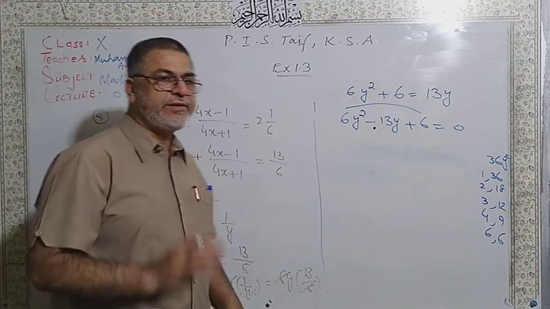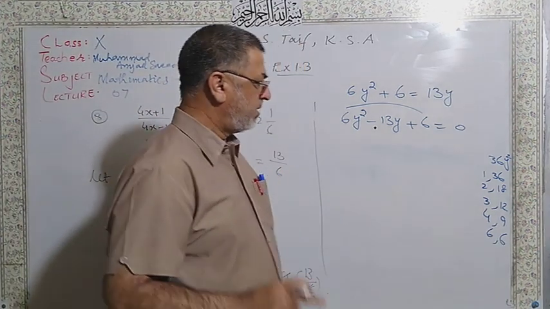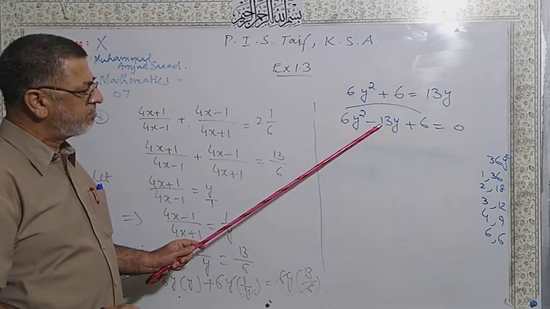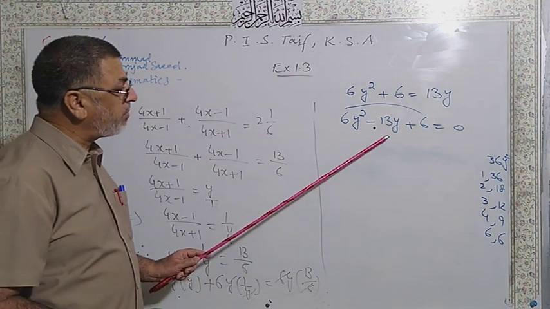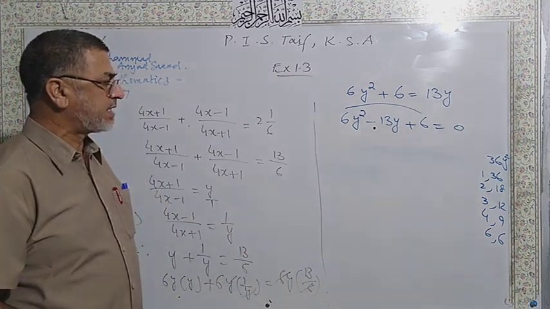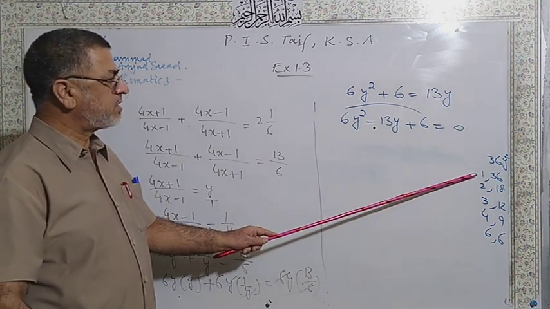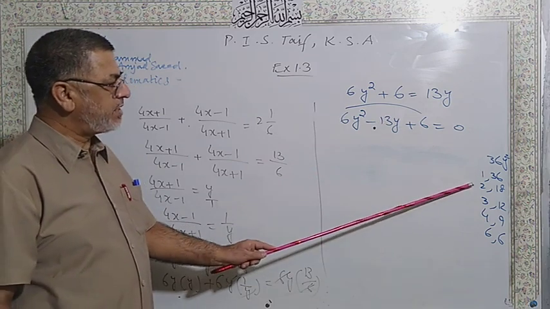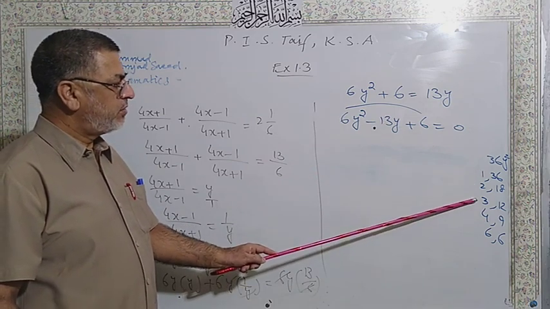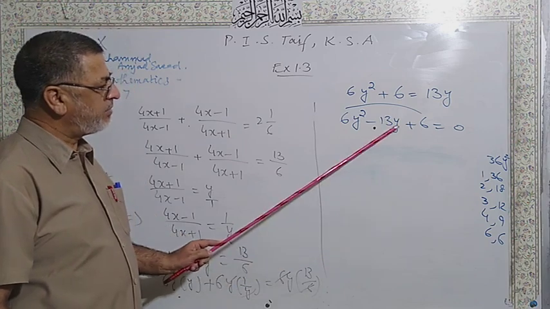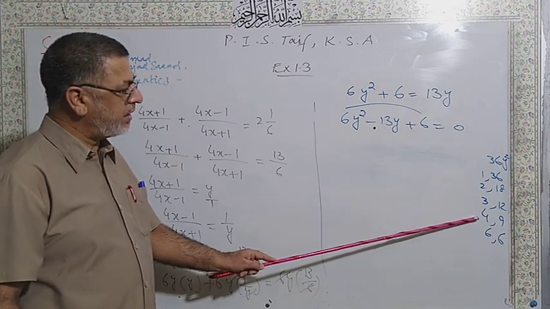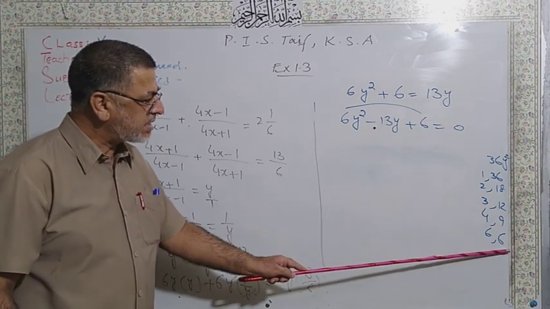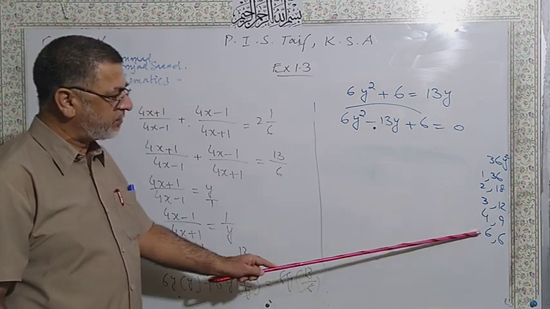You will find the pair which when added or subtracted gets 13, and when multiplied gets plus 36. 1 and 36, not possible because they are not making 13. 2 and 18, no. 3 and 12, no. 4 and 9, they are making 13 when they are added. 6 and 6, they are making 12 after adding.